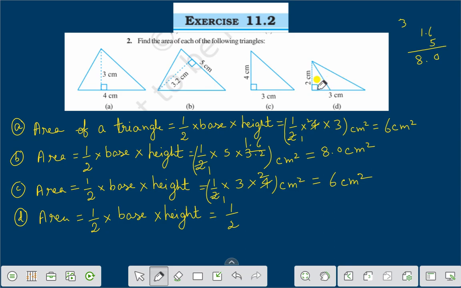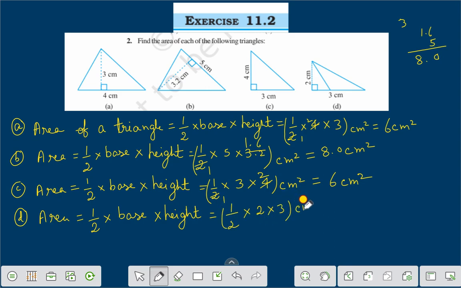This is not 3 centimeter. Here this is the base and this is the height. The half into base. Base is 2. Here you see this is 2 and this is the height of the triangle. Therefore, half into 2 into 3 centimeter square.